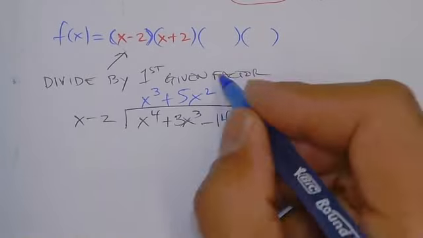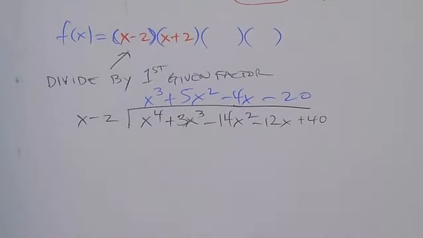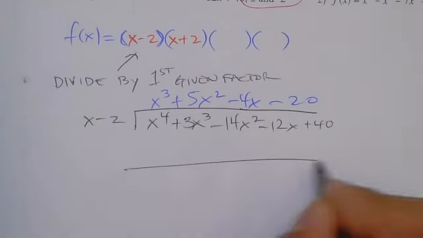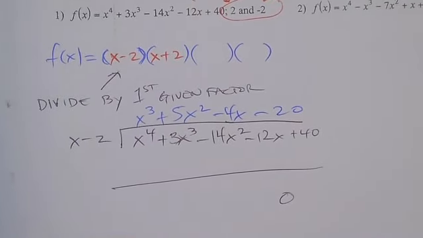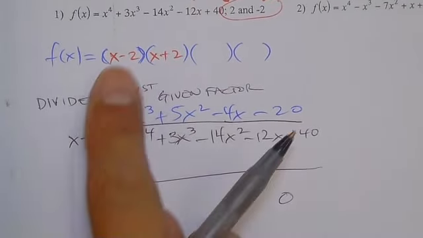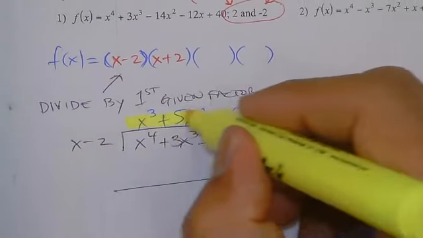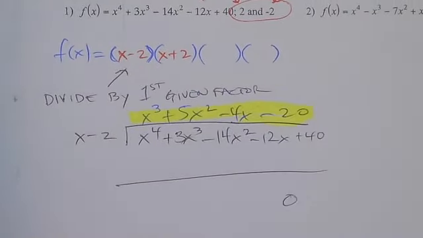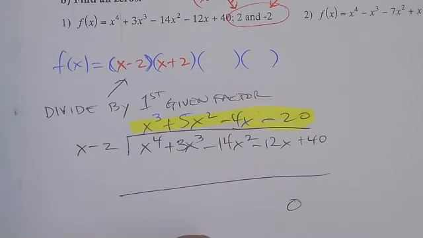You should have x cubed plus 5x squared minus 4x minus 20. I didn't do it the long division way, but you should have already divided it. You should know that it's all correct when you get remainder 0. What do we do now? I divided it by the first one and I got this dividend here, this x cubed plus 5x squared. I know it's right because remainder 0. What's the next move, guys?